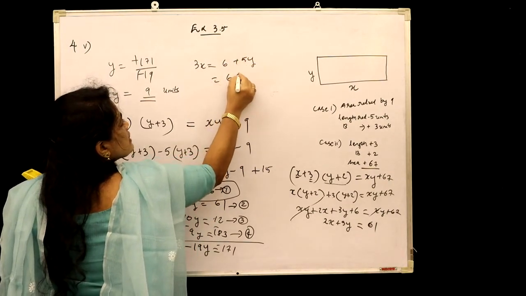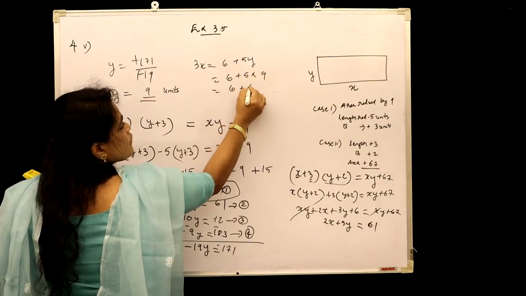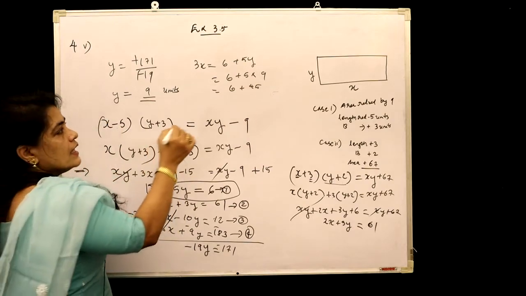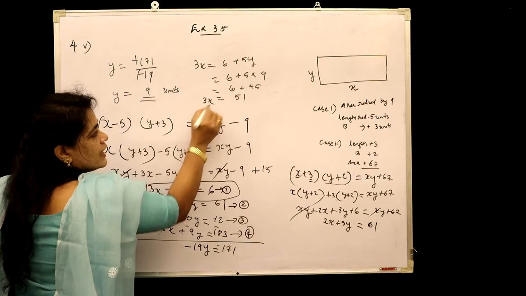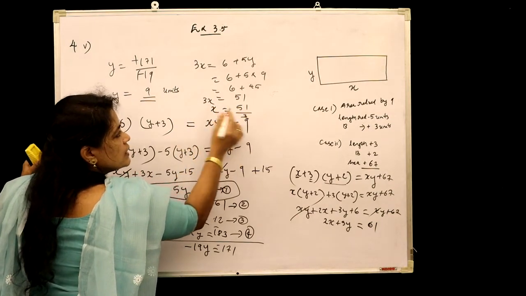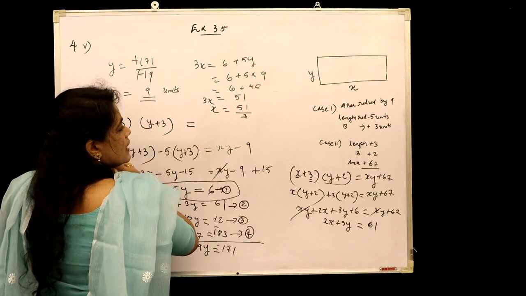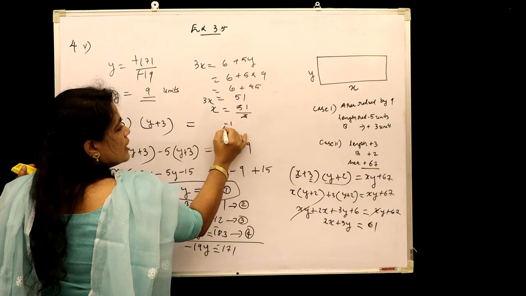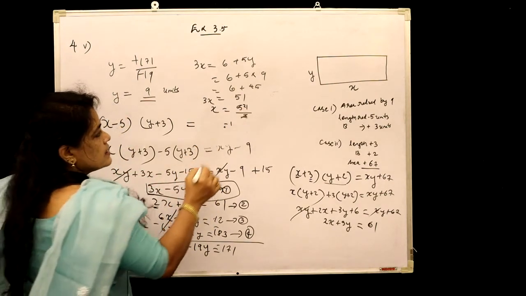That is 6 plus 5 into y, which is 9, so 6 plus 45, that is 51. This is 3x, not x simply. In order to get x, you have to divide 51 by 3. Three in 5 one time, and in 21, that is 7.